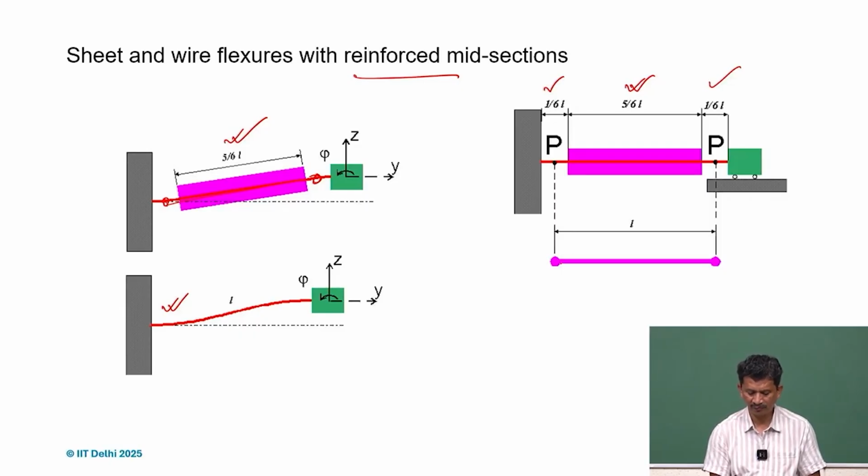And then effectively what we get is length L between the hinge points. So we'll compare these two.